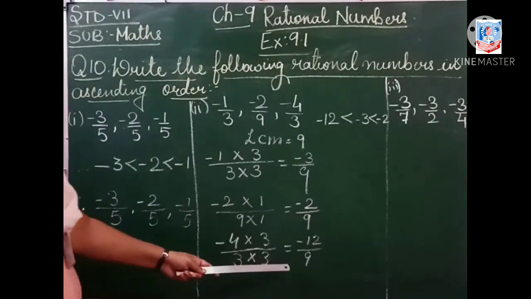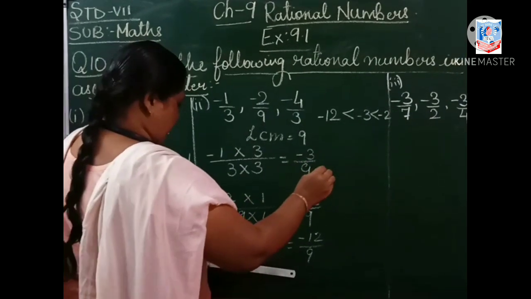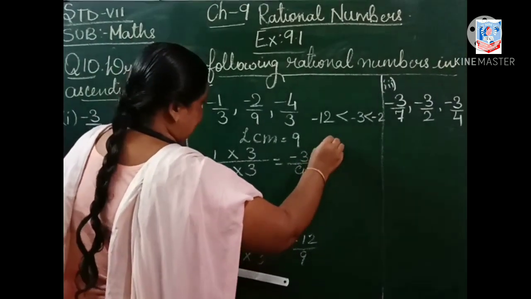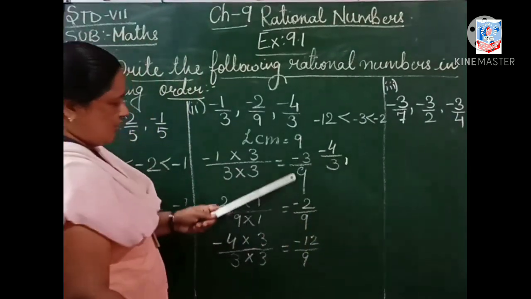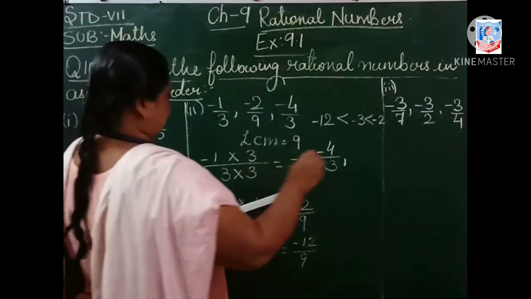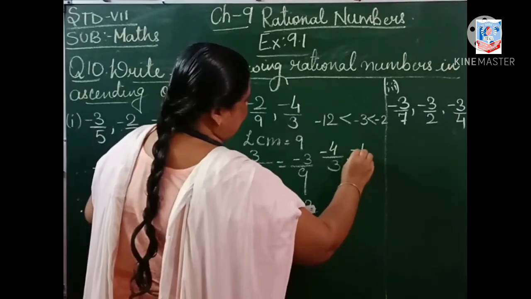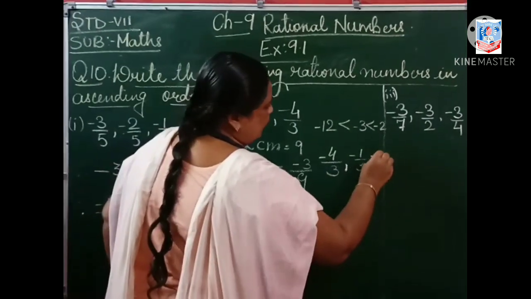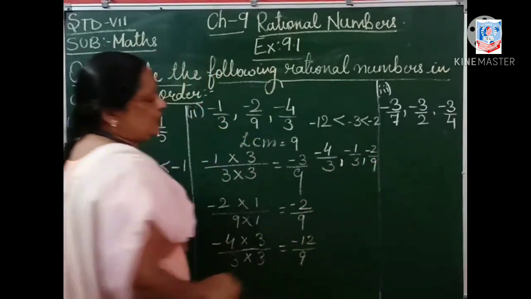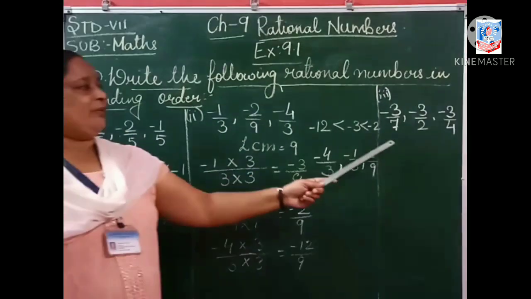Now see, let us write in ascending order. So minus 4 by 3, then minus 3 by 9, that is minus 1 by 3, and minus 2 by 9. In the same way you will do sum number 3.